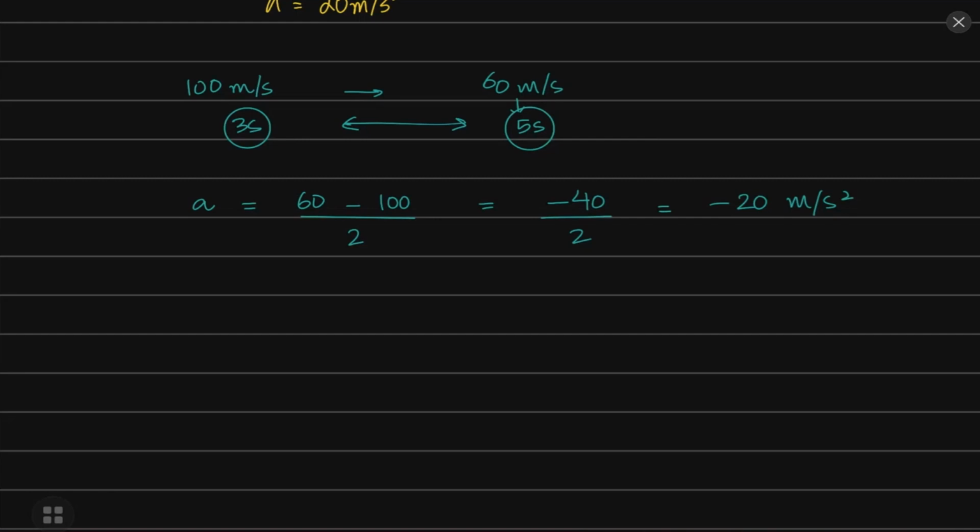Whenever we're talking about acceleration, we'd say it's negative 20 meters per second square. If you're saying it's deceleration, then you'd say it's 20 meters per second square, because deceleration means negative. You wouldn't say that deceleration is negative 20 meters per second square. That would be wrong. My acceleration is negative 20 meters per second square. My deceleration is 20 meters per second square, because it's obvious that deceleration is in the opposite direction, and you don't really have to mention the negative sign.